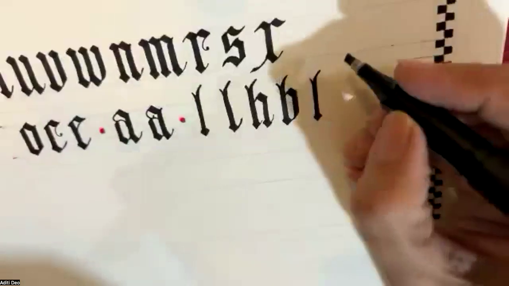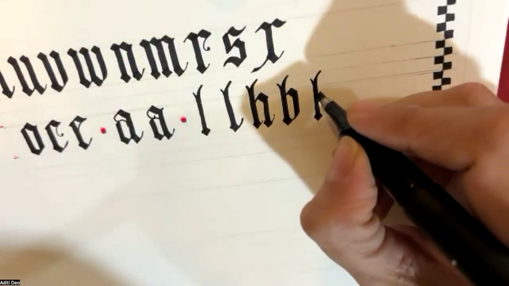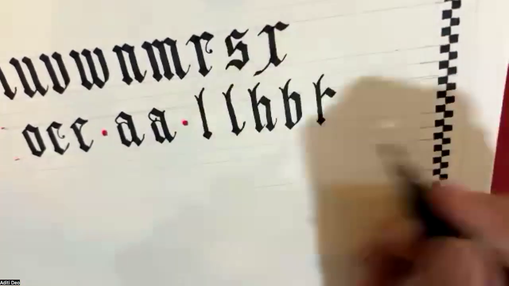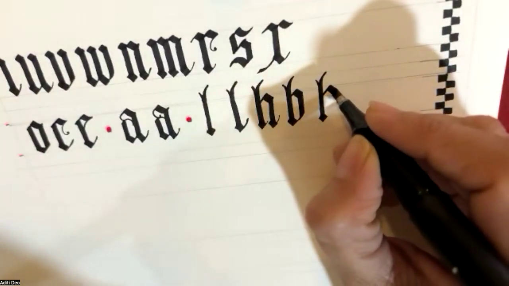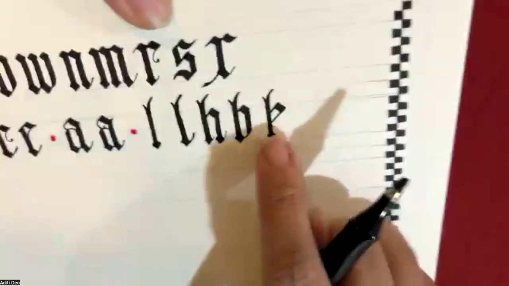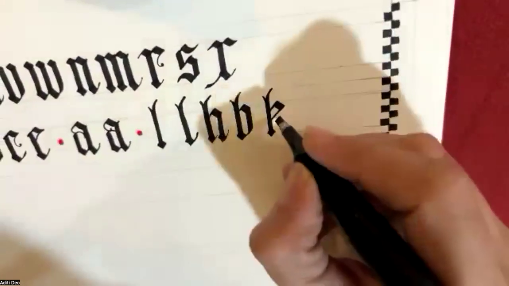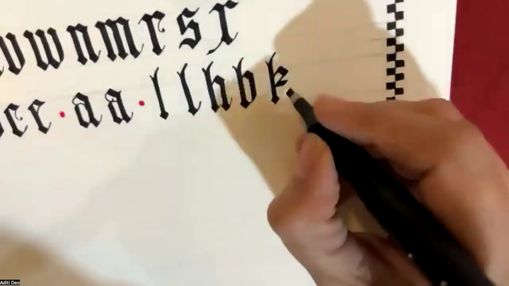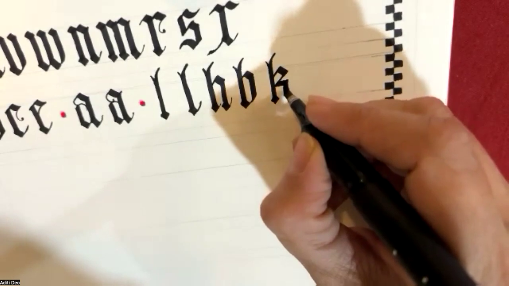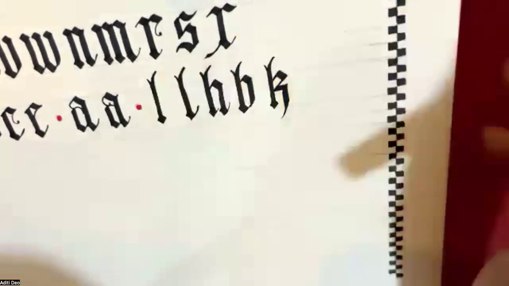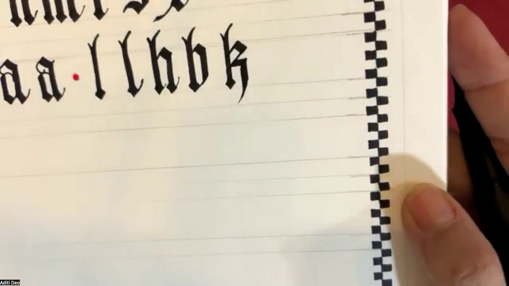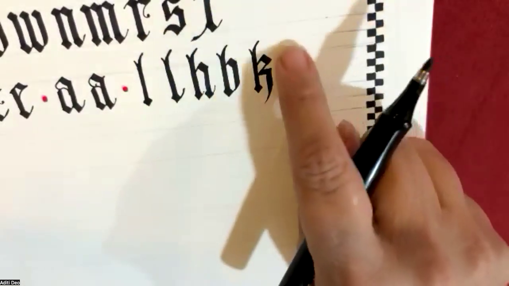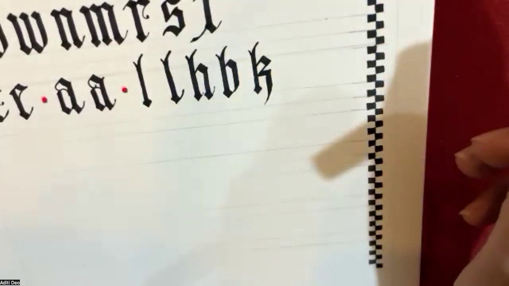For the K, you can make an arch like this, exactly like we made for the H, but you bring a line down diagonally at 45, then go out horizontally, and then you can do this very cute extension by just lifting the pen slightly as you bring the leg of the K down.